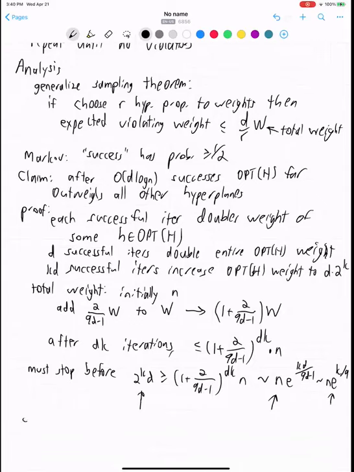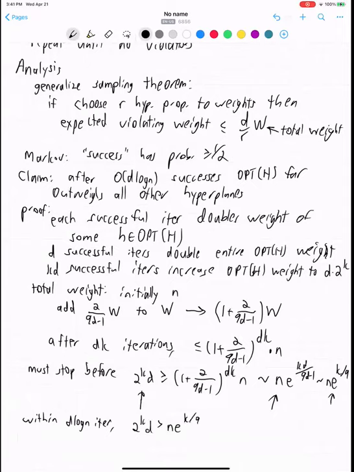Within d log n iterations, 2 to the k times d is bigger than n e to the k over 9, so we stop.